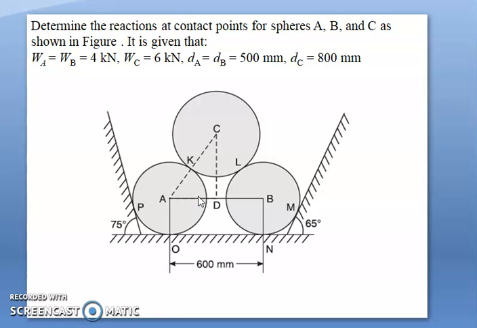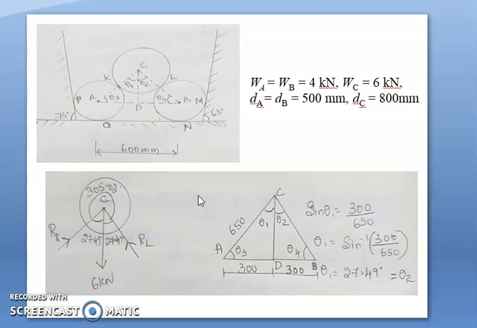Okay, next, coming to the free body diagram of C. Before going to the free body diagram, you need to calculate small angles. Sphere number C is in contact with sphere number A and B at K and L. So in the free body diagram, no doubt there is a self weight of sphere C, nothing but 6 kilonewton, and it acts vertically downward.